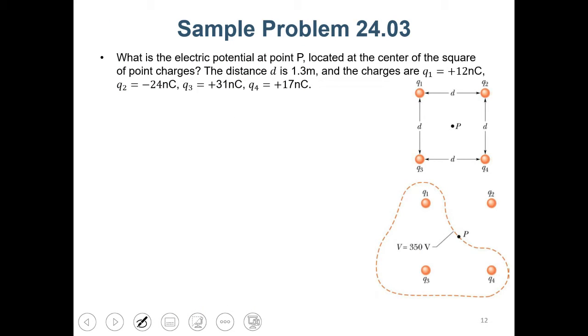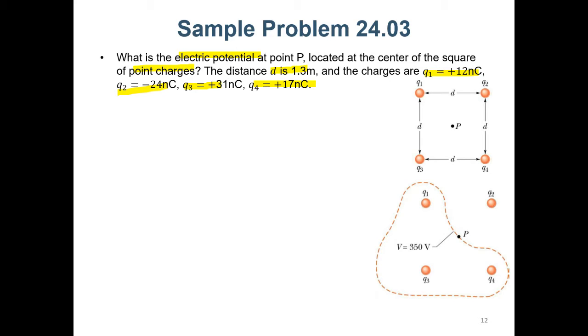Okay, so we have a sample problem here. What is the electric potential at point P, located at the center of a square of point charges? The distance d is 1.3 meters. The charges are Q1, Q2, Q3, and Q4.